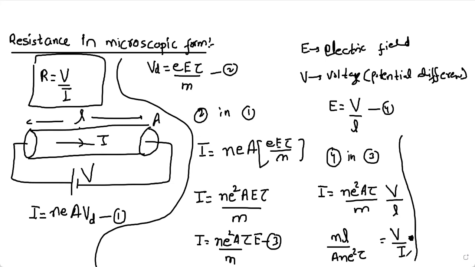So resistance is ml over A n e squared. This is the expression of resistance in microscopic form. This m is the mass of electron, the electronic mass.